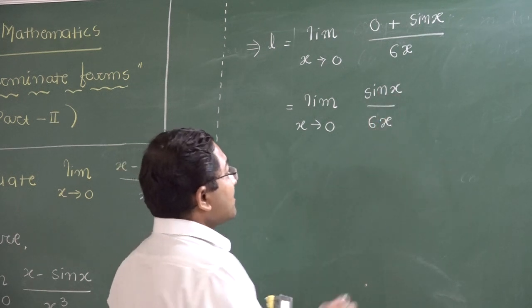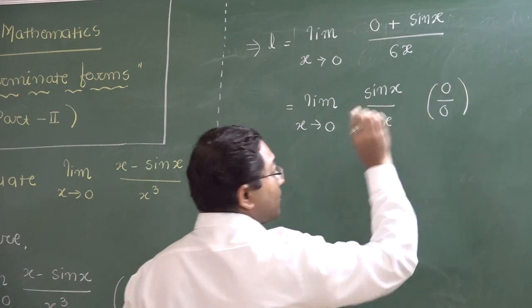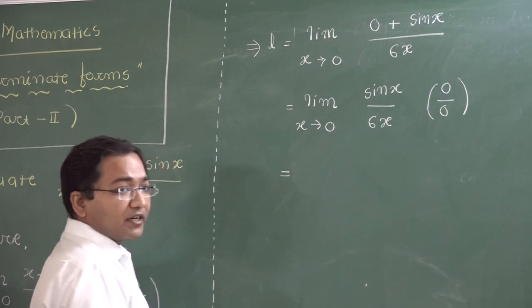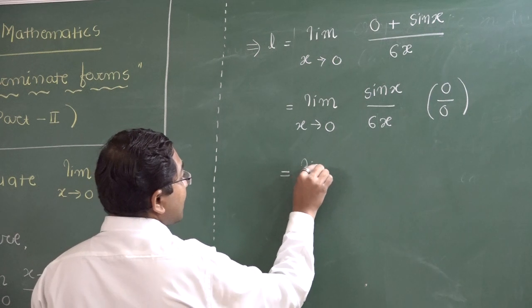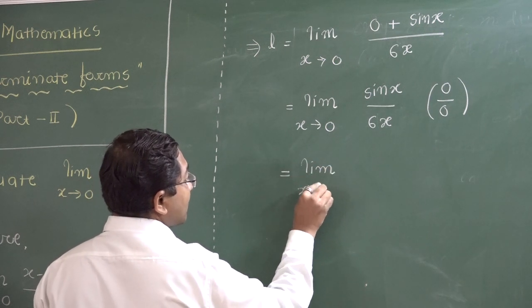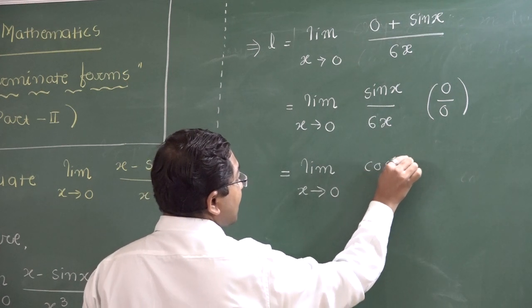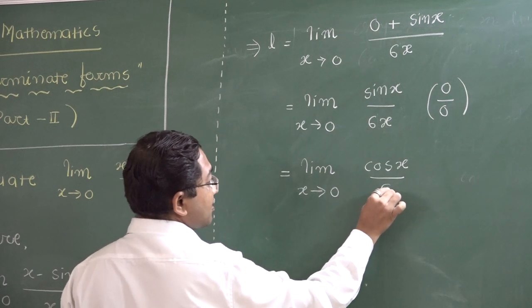Therefore that is again a form of 0 upon 0. So according to the L'Hospital rule, again we differentiate with respect to x, both numerator and denominator. So limit x tends to 0, as it is, the differentiation of sin x is cos x, and the differentiation of 6x with respect to x is 6.